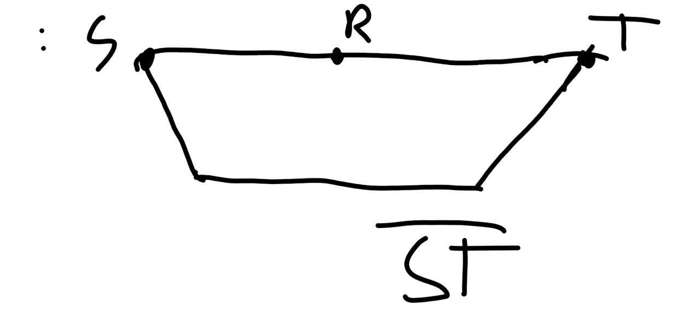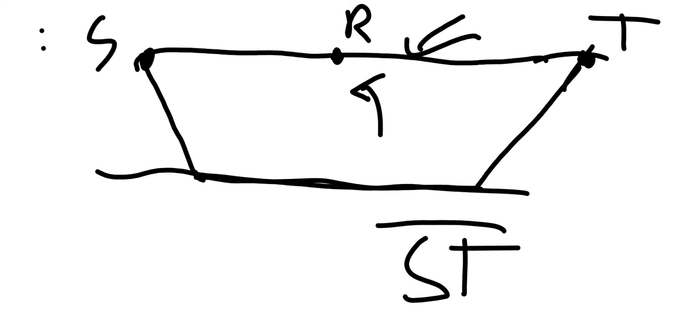R is skew because it sits on the same plane. Now, if it doesn't, say if R was here, just call this point A. A is not skew to ST, because I didn't mention that.